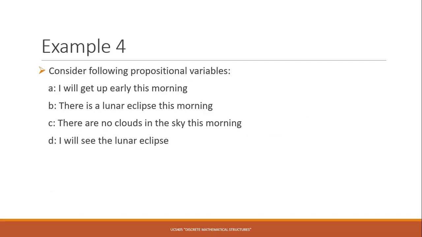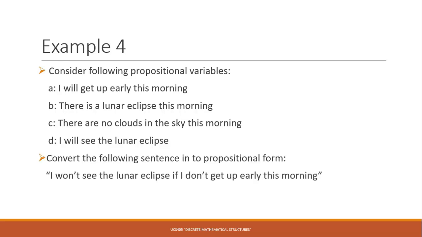Another example: four propositional variables are given to you. A is I will get up early this morning. B is there is a lunar eclipse this morning. C, there are no clouds in the sky this morning. D, I will see the lunar eclipse. You have to convert this sentence into propositional form: I won't see the lunar eclipse if I don't get up early this morning.